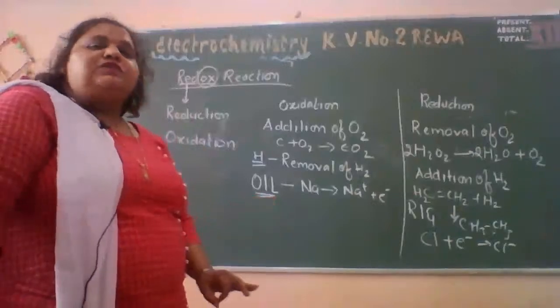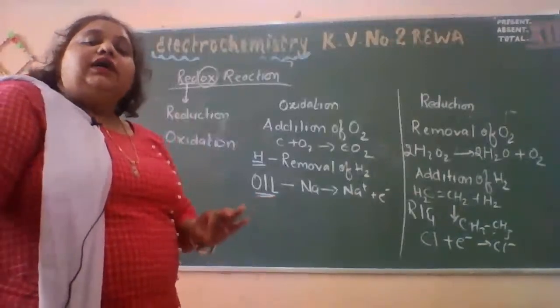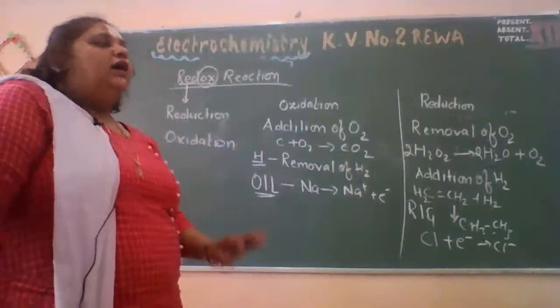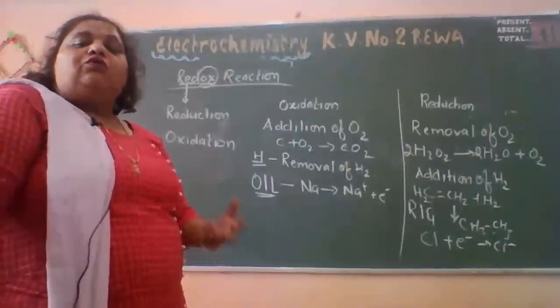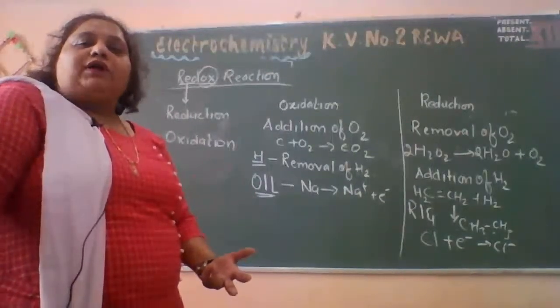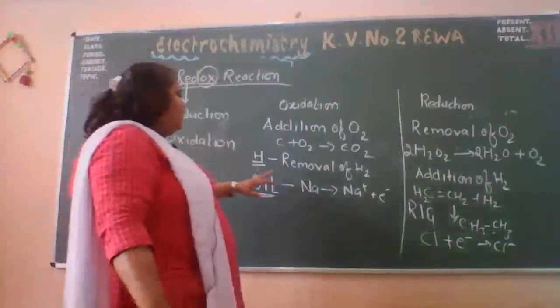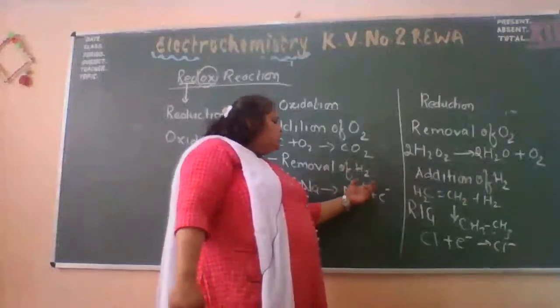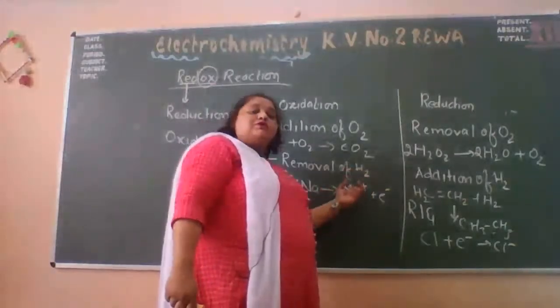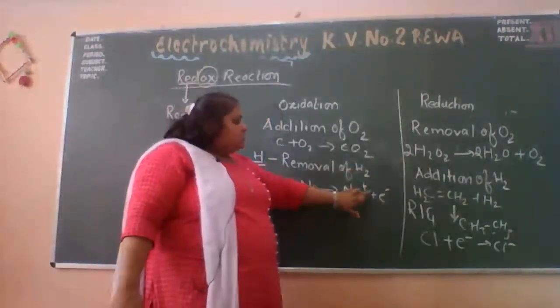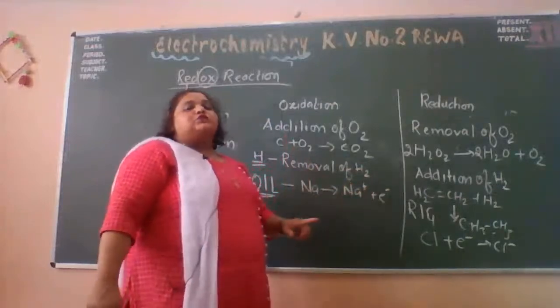The charge present on any atom in the compound form, in the molecule form, in the ion form. Like here I can take the example of sodium. This is having 1 unit of positive charge. That means its oxidation number is +1.